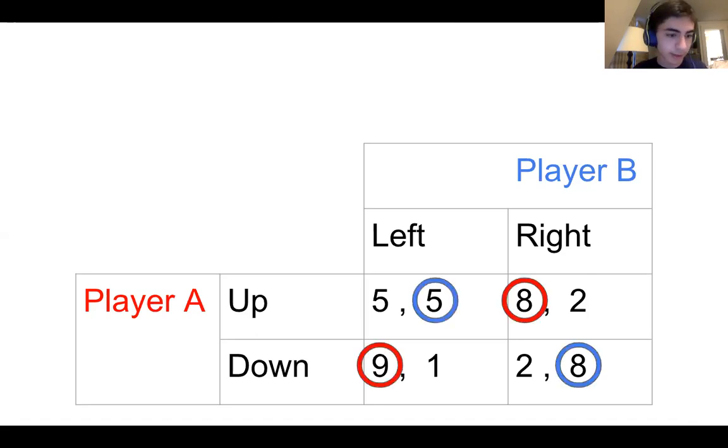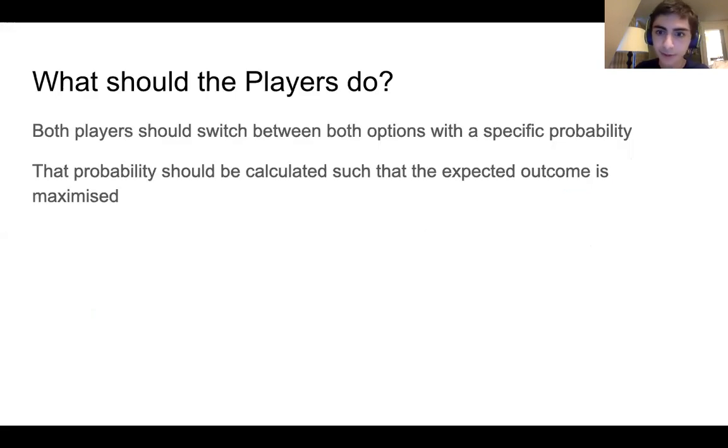So what do we do? If there's a Nash equilibria, it's very obvious. You just choose the option where the Nash equilibria is, and that's what you go with. But because there's none, players are kind of in the dark. So what should players do? They should be choosing options with specific probabilities.